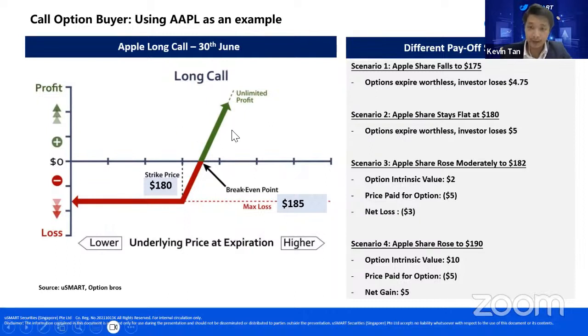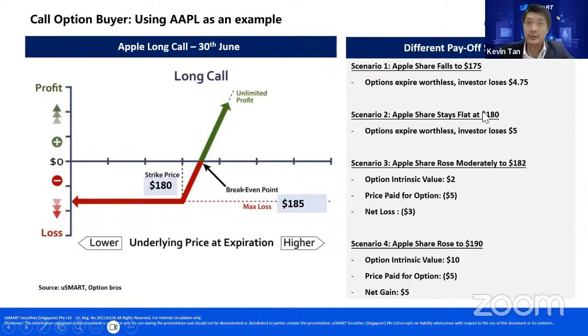The second scenario is what happens if Apple shares stay flat at $180. If Apple shares stay flat at $180, your option will also expire worthless. The reason is that while the option gives you the right to buy Apple shares at $180, you will be able to buy it from the market at $180 anyway.